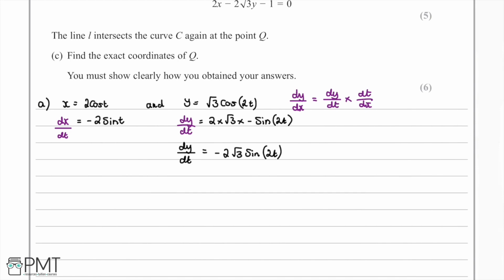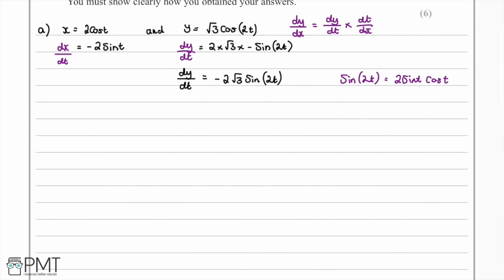So then we recall the double angle formula. So we'll have that sine 2t is going to be equal to 2 sine t cos t. So just bear with this for just now, as it will become clearer why we use this in a second. So what we'll now do is take our new equations for dy by dt and dx by dt and substitute them into this equation here.